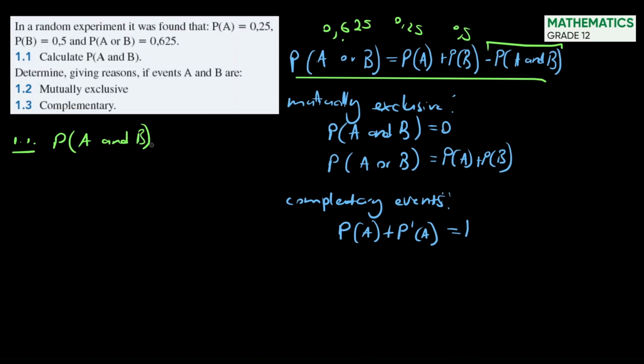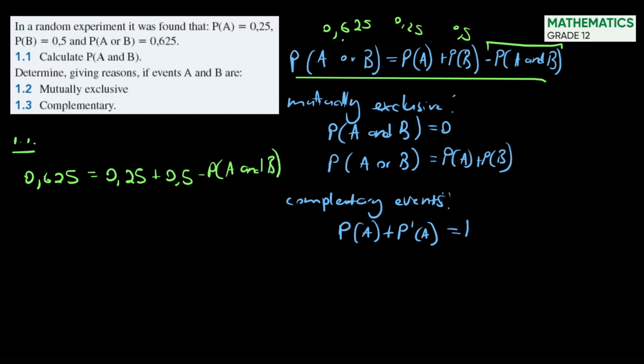So, written simply, it will be 0.625 equals 0.25 plus 0.5 minus the probability of A and B occurring.